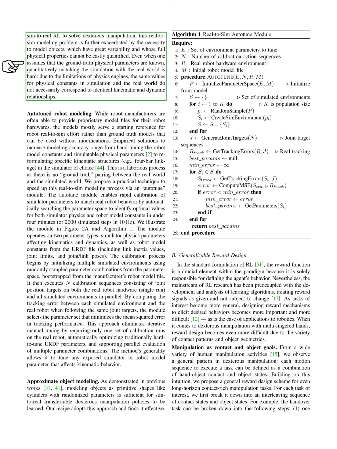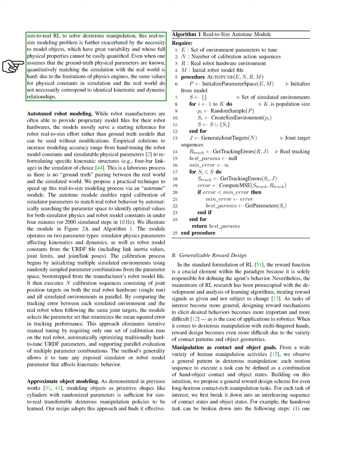In dexterous manipulation, this modeling challenge is intensified by the need to represent objects, which can vary greatly and whose physical properties are not always easy to quantify. Even when we assume we know the true physical parameters, aligning simulation with reality is challenging. This is because the same physical constants used in both environments may not yield the same kinematic and dynamic behaviors due to the limitations of physics engines.